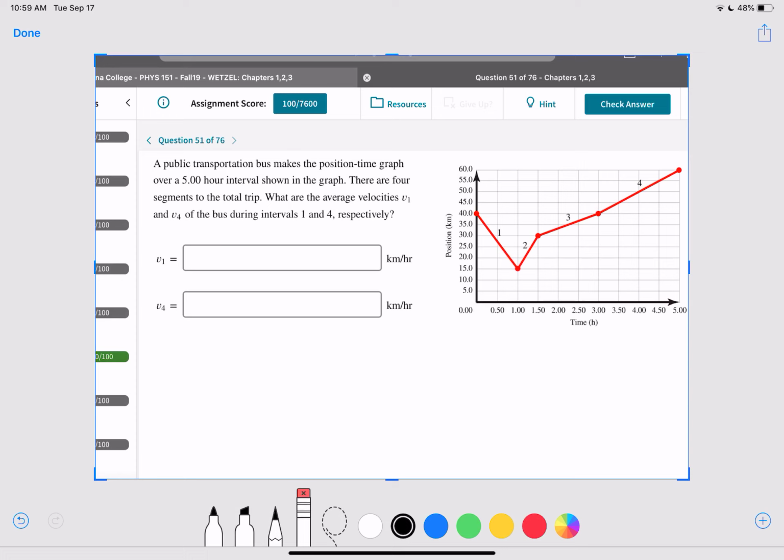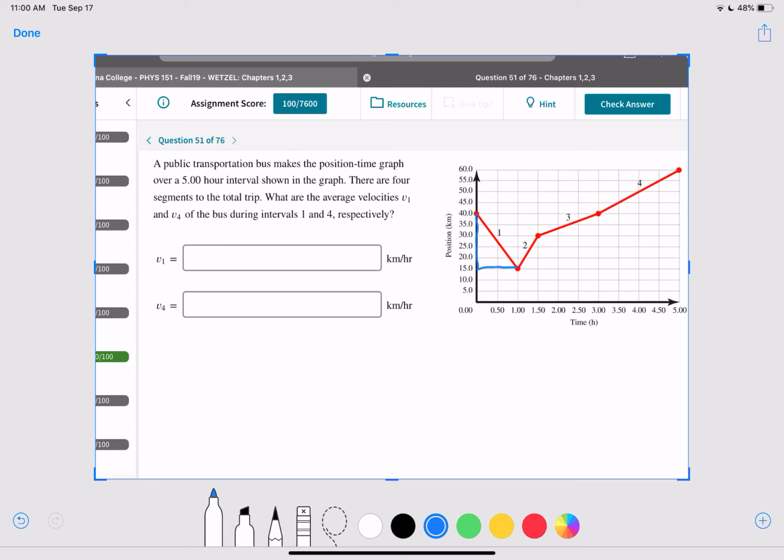Okay, so average velocities. In this case, this is a very jerky trip. It's going this fast, this fast, this fast. There's no acceleration. It's just changing velocities very fast. If there was an acceleration, this would have a smoother line. So this is a little bit of a spiky trip. All right, so remember, the velocity is the rate of change of position.